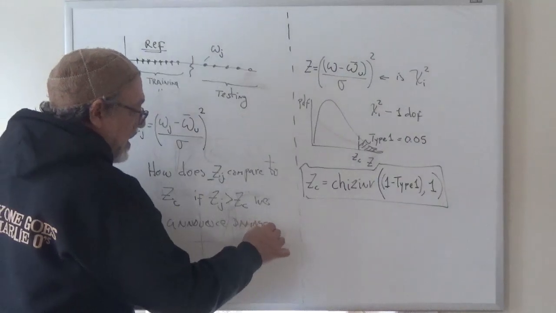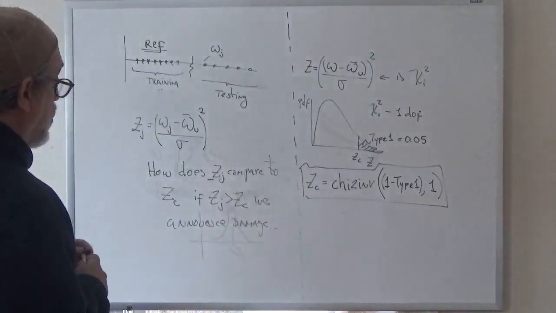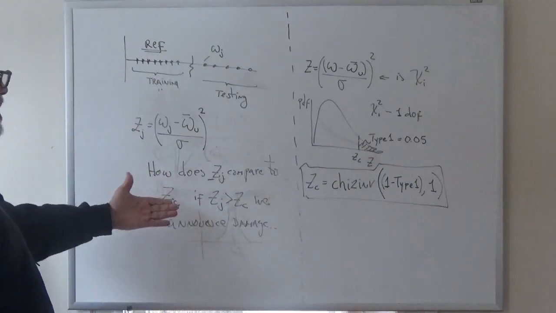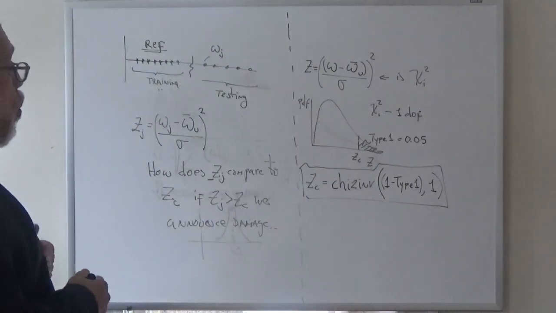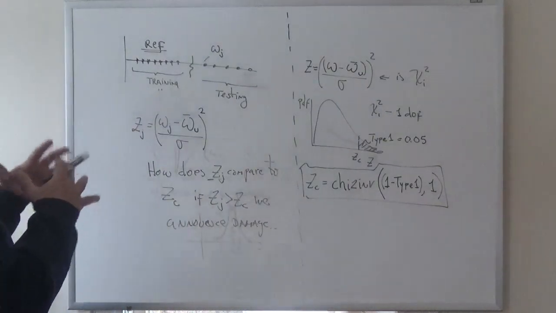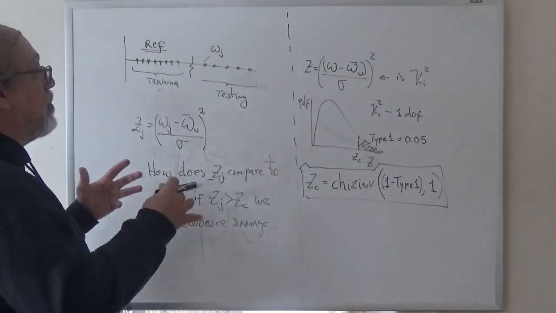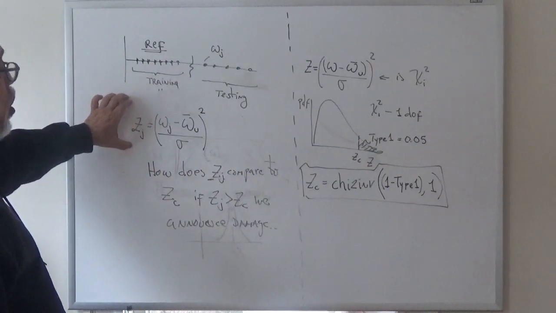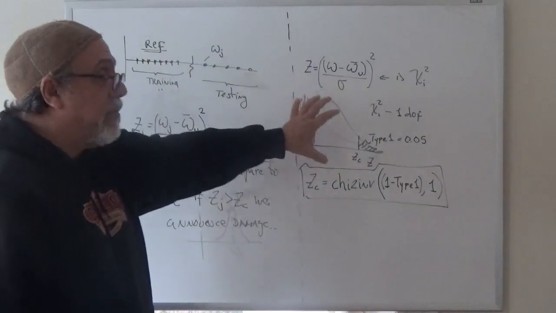That was the very first thing that I covered, so I just repeated it for you. If zj is less than zz, then we don't announce damage. Why? In this case, we have no idea about what the distribution is after damage. We are just simply saying, does this number look like it's coming from the undamaged case?